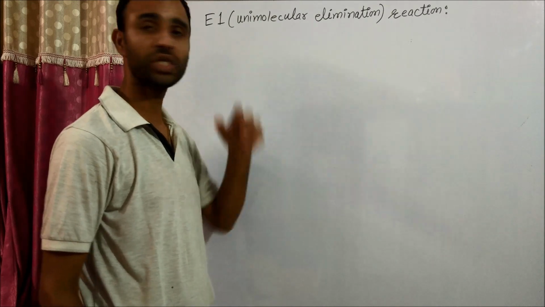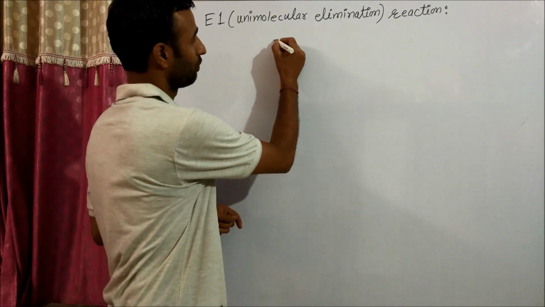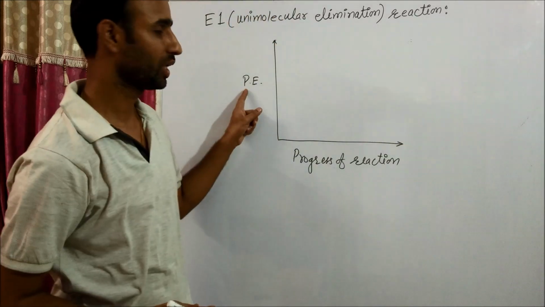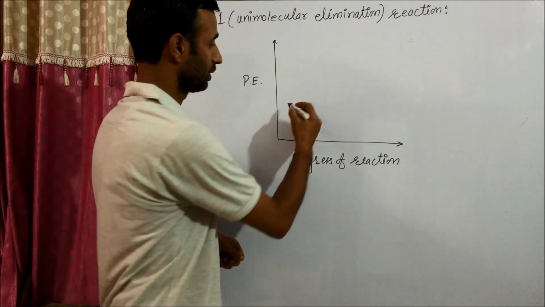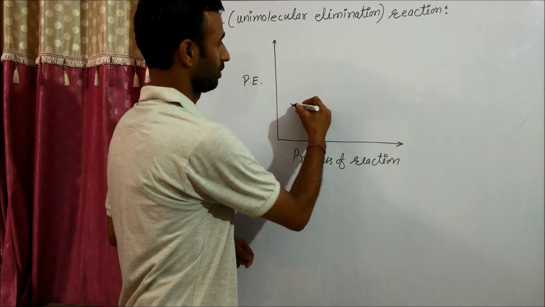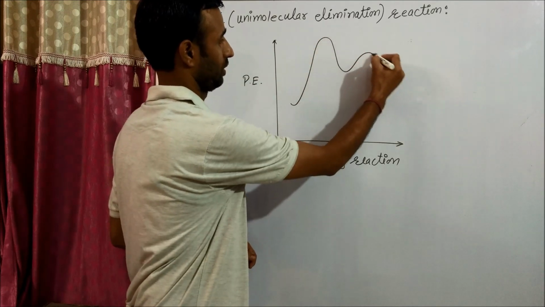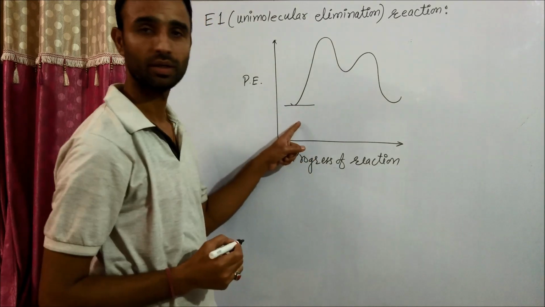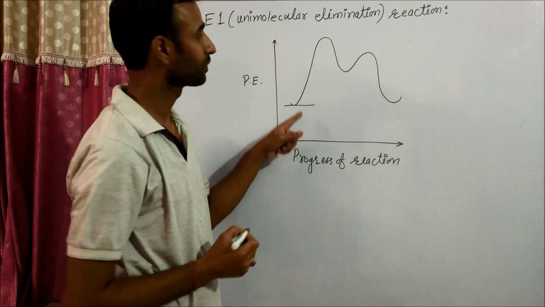If we draw the potential energy level diagram for this reaction, potential energy versus progress of the reaction, then it is like this. These are reactants.